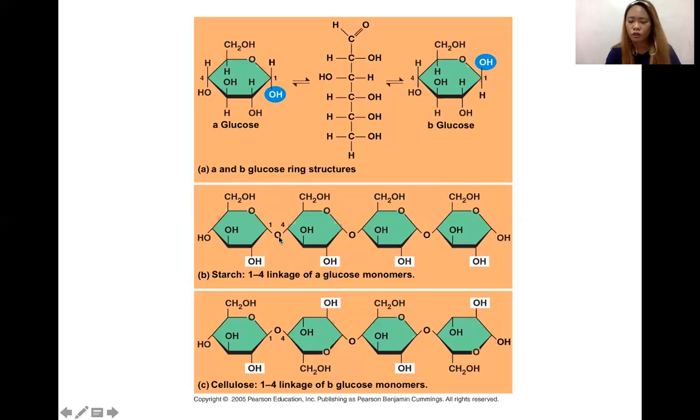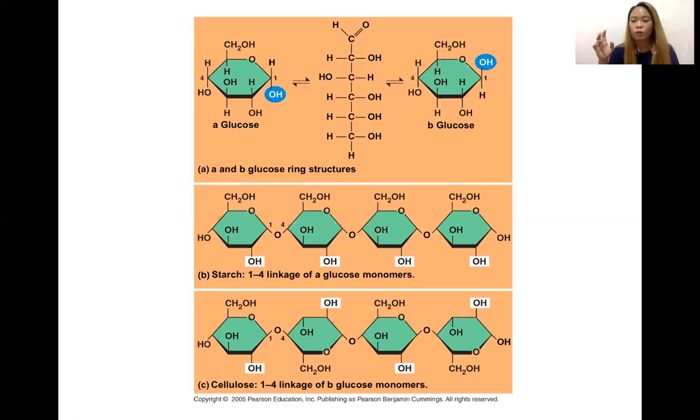When it comes to your starch, all of the glycosidic bonds are going down. So if you put one on top of the other, it's going to be bulky. So these starches are usually helical in nature. They twist and go around one another, similar to what your DNA actually looks like. Again, your starch is made up of alpha 1, 4, and alpha 1, 4 always go down.